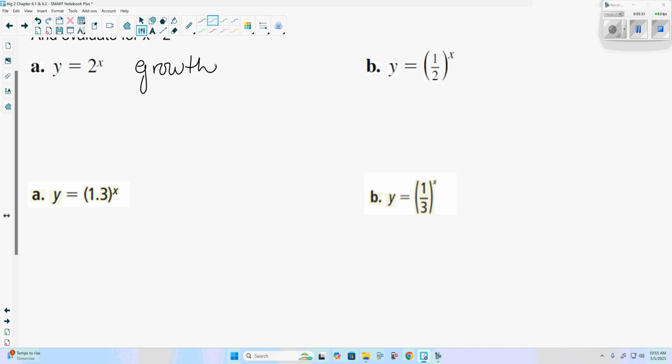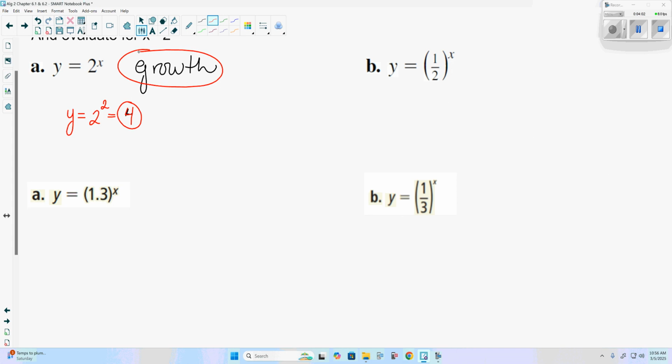Now when we evaluate it for a given value, we take that value and replace the x with it. So here it wants us to evaluate each one of these when x is 2. So we're saying 2 to the second power, 2 to the x. And 2 squared is 4. And with most of these, we can plug them into the calculator. We can say 2 to the second power, and the calculator will tell us that it's 4.